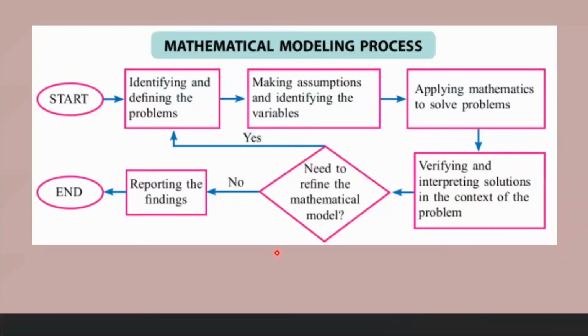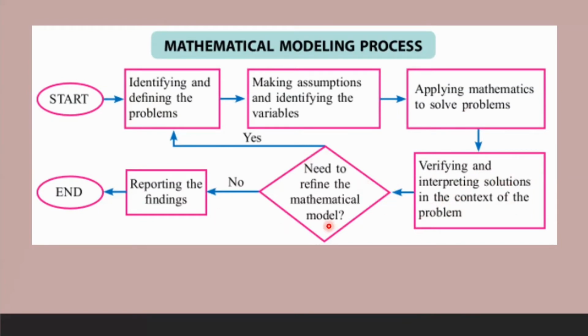Mathematical modeling process. Okay, start. First step is identifying and defining the problem. After that, making assumptions and identifying the variables. Then applying mathematics to solve the problem. Then verifying and interpreting the solution in the context of the problem.